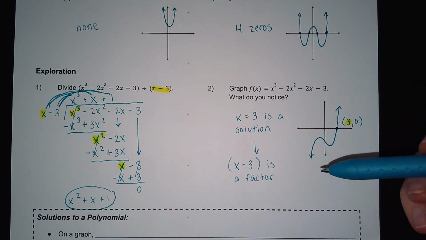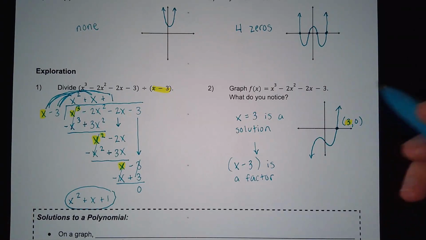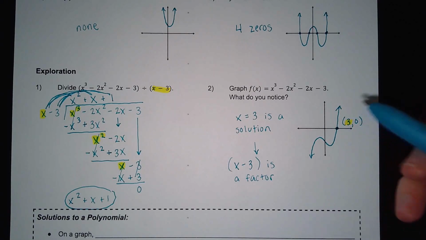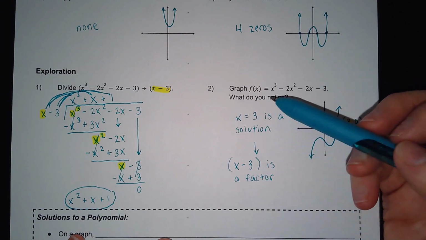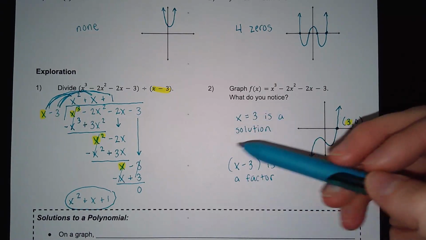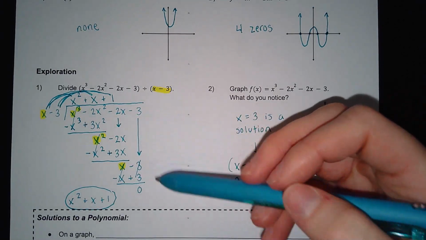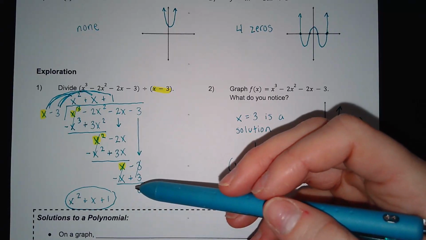We should not get a remainder. There's a pattern here between what we're going to call solutions and what we're going to call factors. And that is that we can take a solution and write it as a factor, and if we divide, we should get 0 as a remainder.